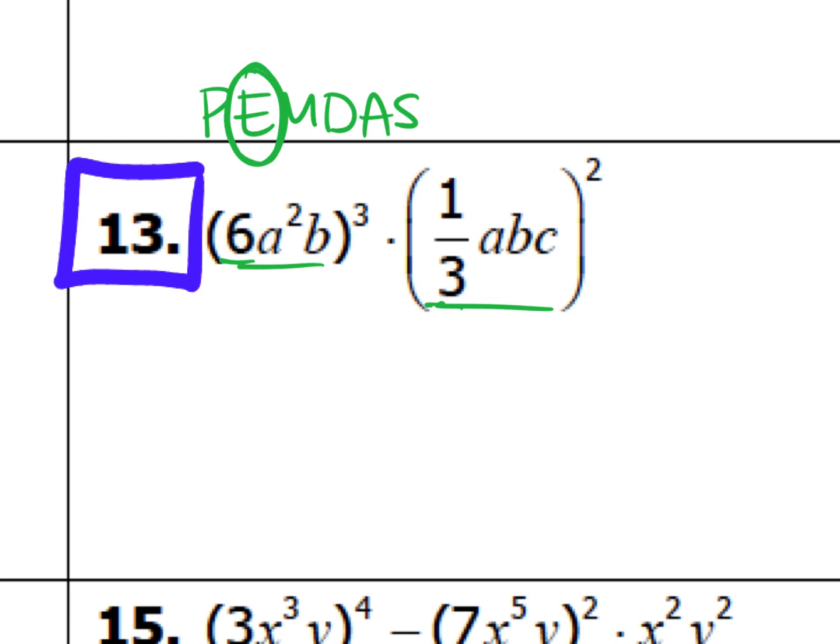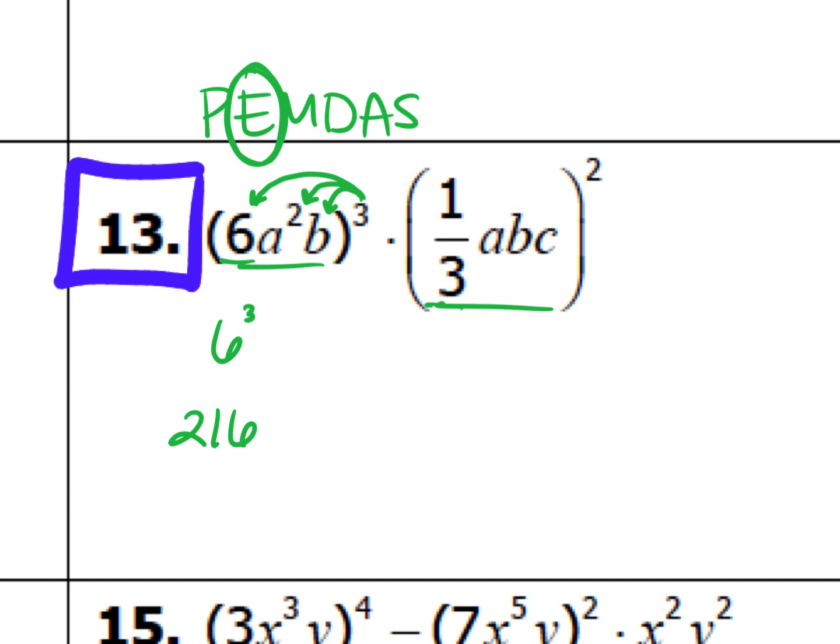You have to do your exponents next, and then you can multiply and divide, okay? So we're going to first do this. What does that 6 become? It's not 18, but a lot of you are going to want to do that. That is the most common mistake. You take the 6 to the third, what is it? 216. So that's 216, 6 to the third power.